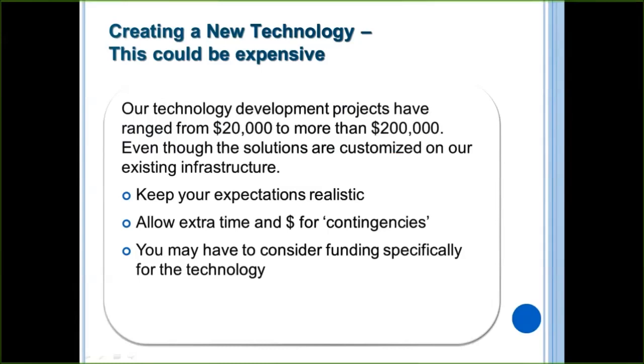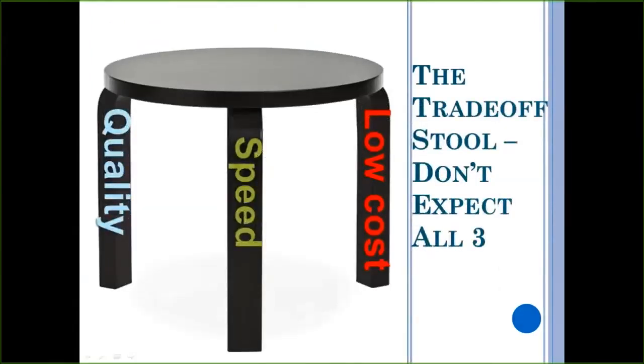So this may lead you to looking for separate and specific funding for the technology. An obvious direction for that would be the STTR, SBIR grants, things like that. So you have to look at what your trade-offs are going to be. Very rarely will you get all three of these, almost impossible.